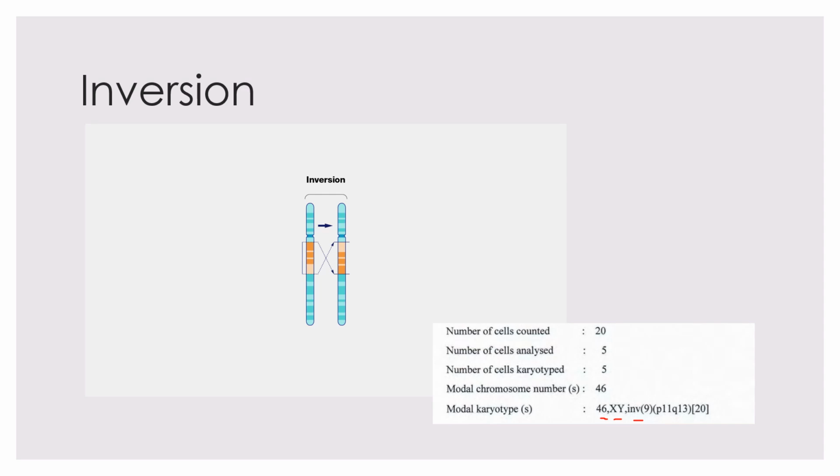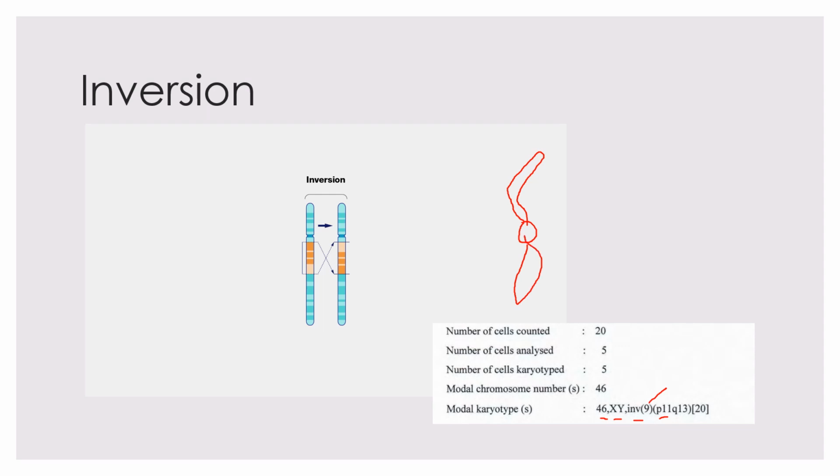That means there is an inversion in chromosome 9. Where in chromosome 9? In the region involving the P arm at region 1, band 1, to Q arm 1, 3. That means if I have this chromosome, let's consider this is chromosome 9.